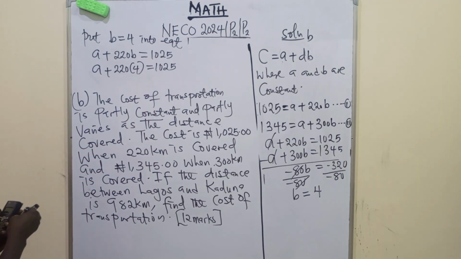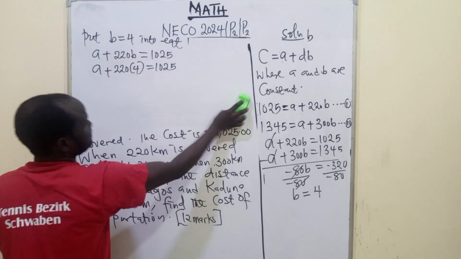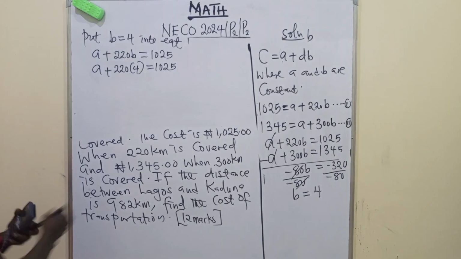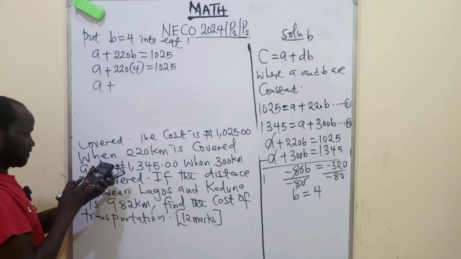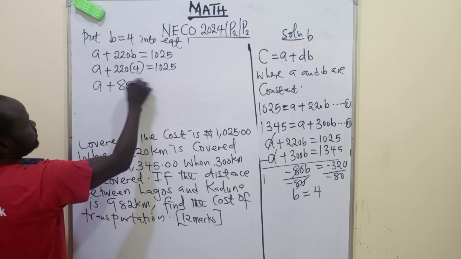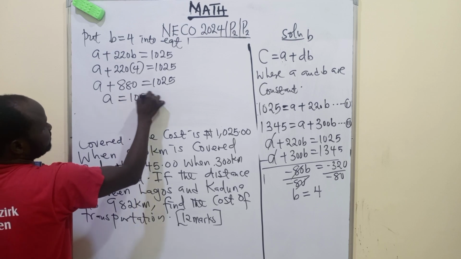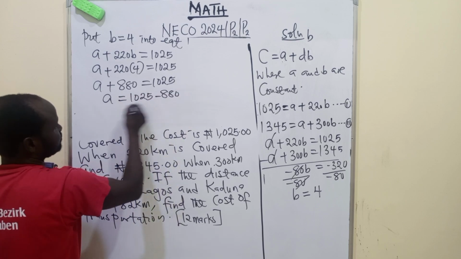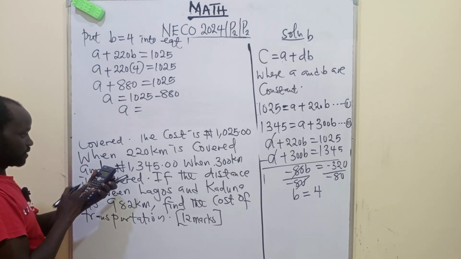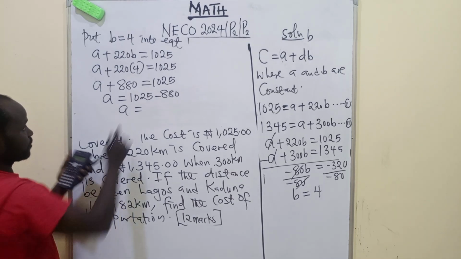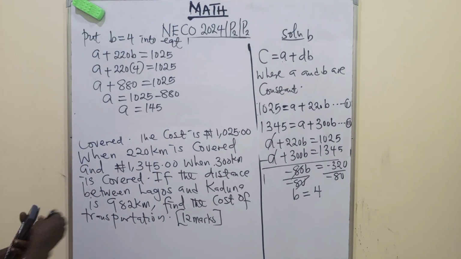Okay, let's find a here now. To find a, let's clear this bracket. A plus 220 times 4, that will be 880 equal 1025. A now will be 1025 minus 880. So A will be 145. So this is the value of A.